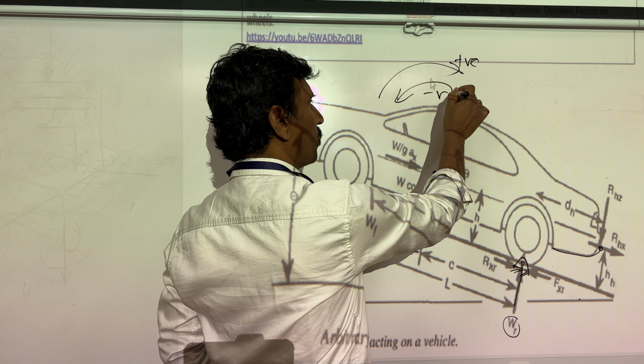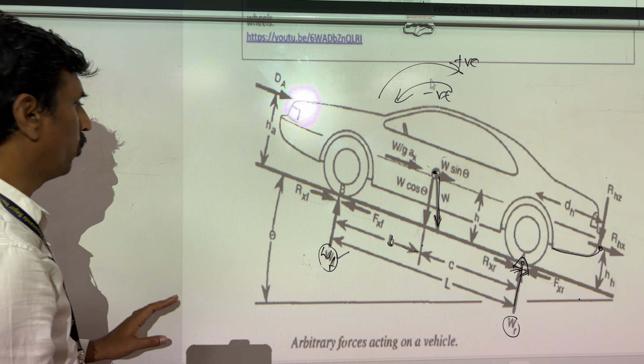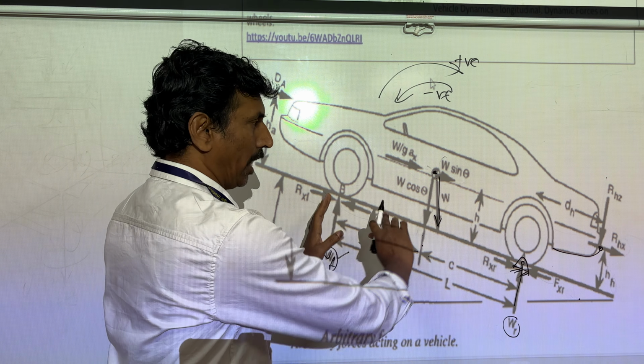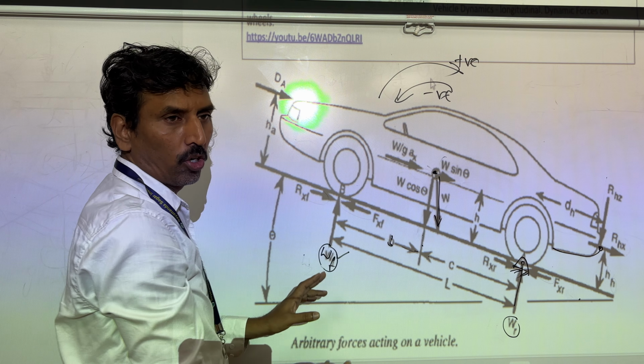Okay. Now let us see the first force here, WF. About this point, will it try to rotate clockwise or anti-clockwise? Clockwise. This is at what distance? L. So we'll write this as plus WF into L. Let us not mark it as into, because that will confuse with X. So WF times L, that is plus.